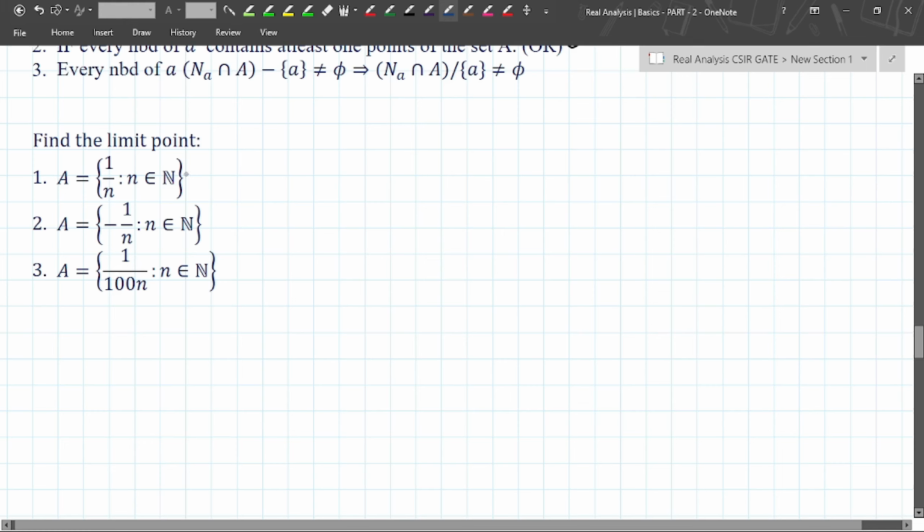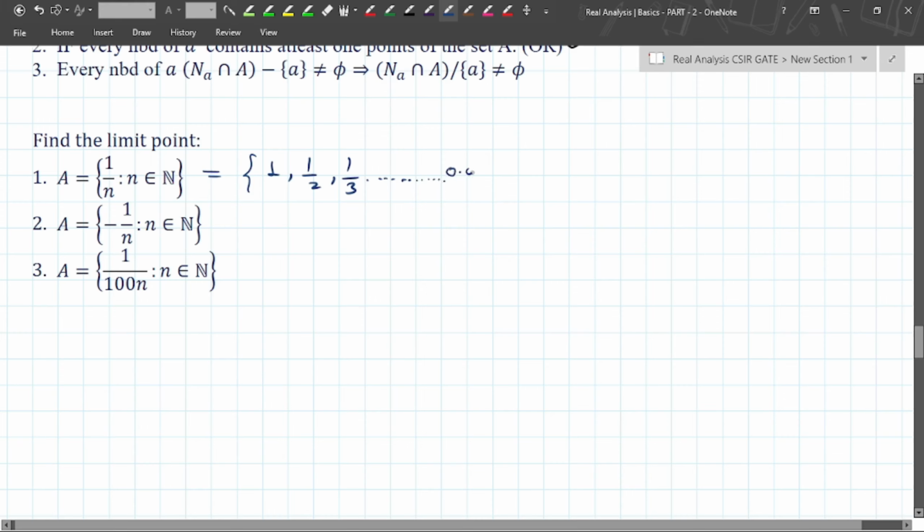Just see the behavior of this set: 1/2, 1/3, and going up to 0. What are the elements of the set here?